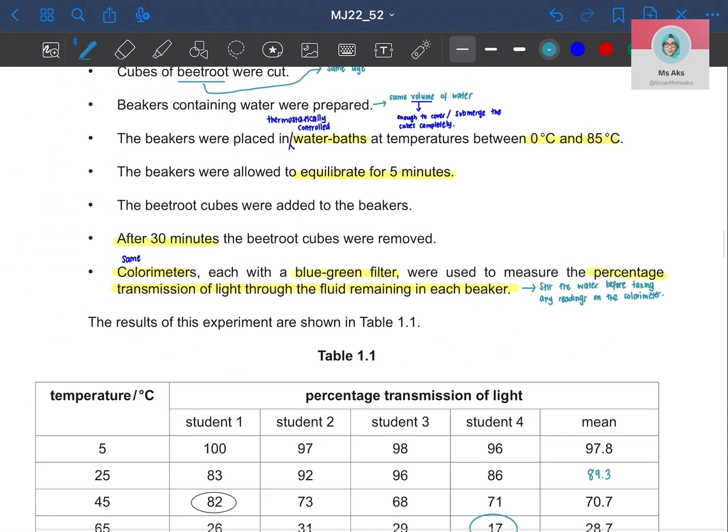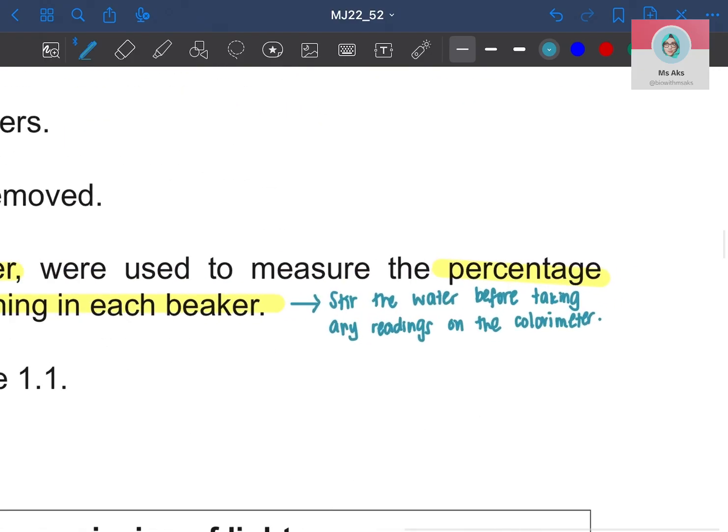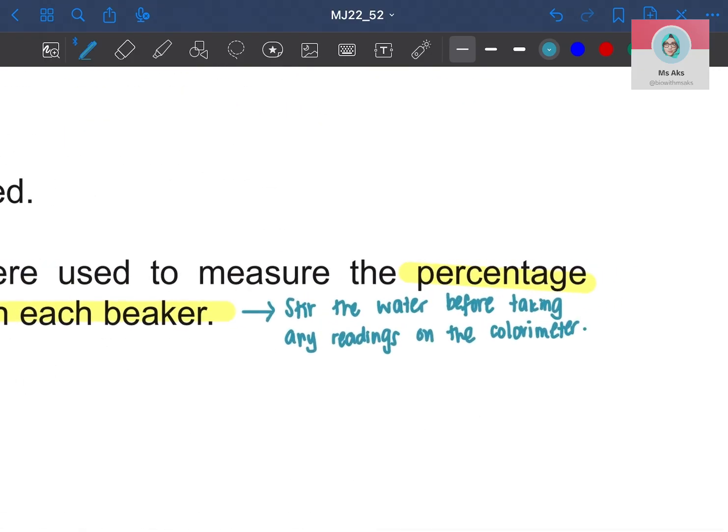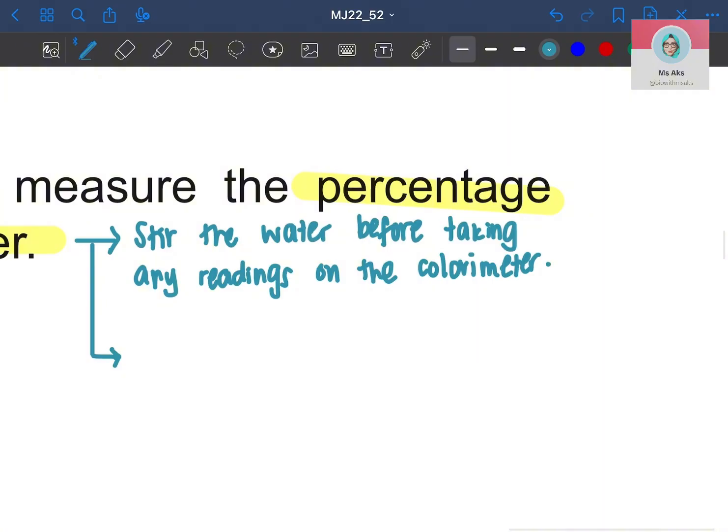Now, whenever we want to take multiple readings, because we're going to be investigating them at different temperatures, another important point that we should remember is to calibrate before each reading.